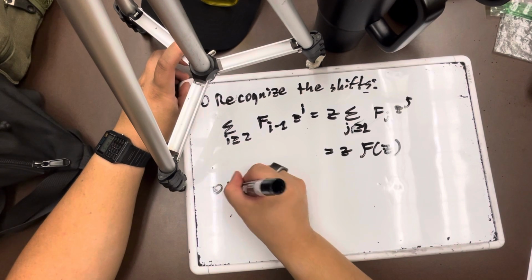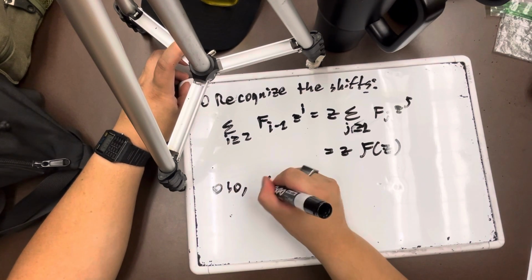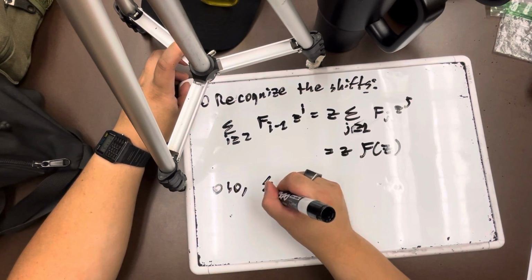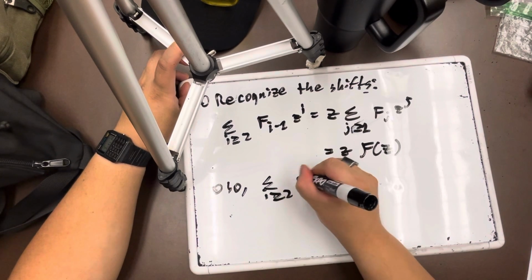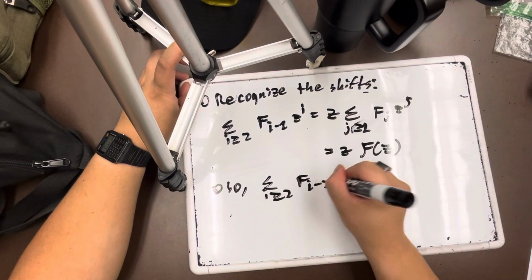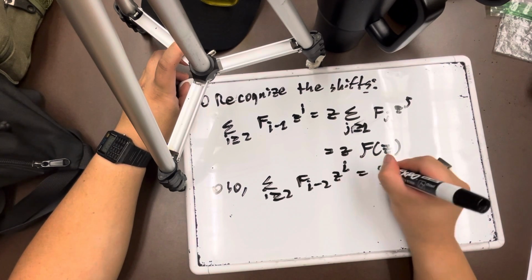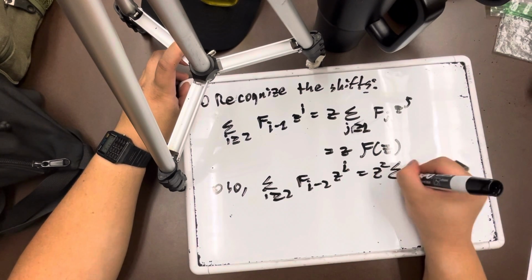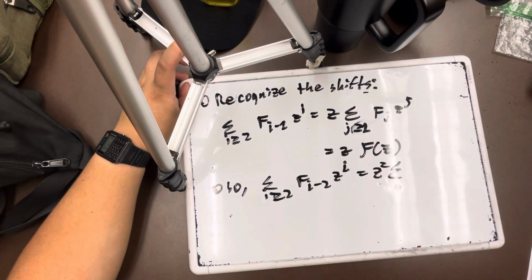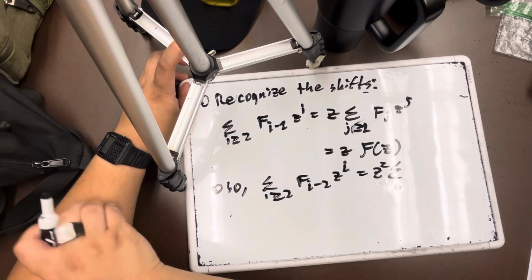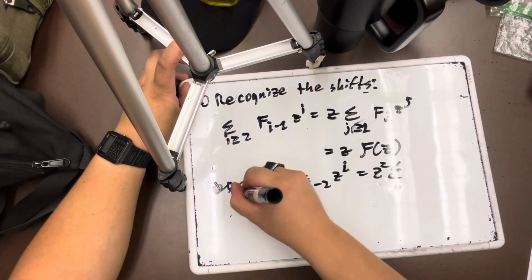So the summation over i greater than or equal to 2 of f sub i minus 2 times z to the i is equal to z squared. Well, this is more of me saying this other part, so I should really just put these together.